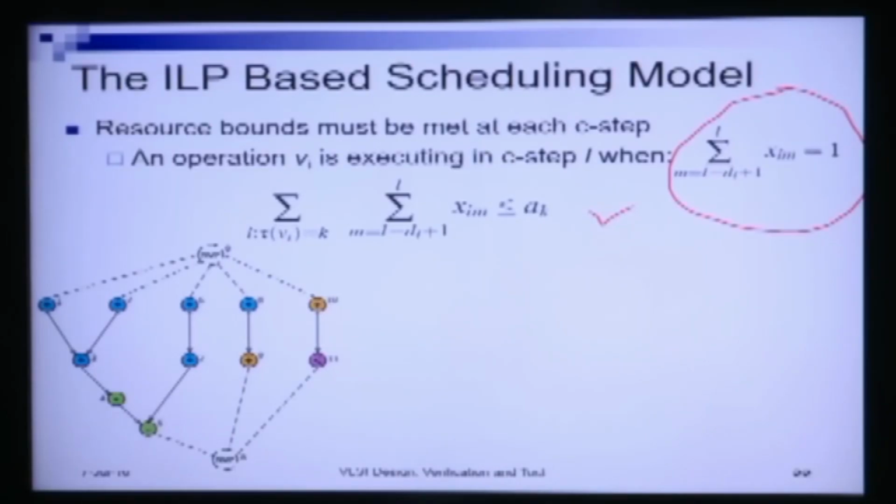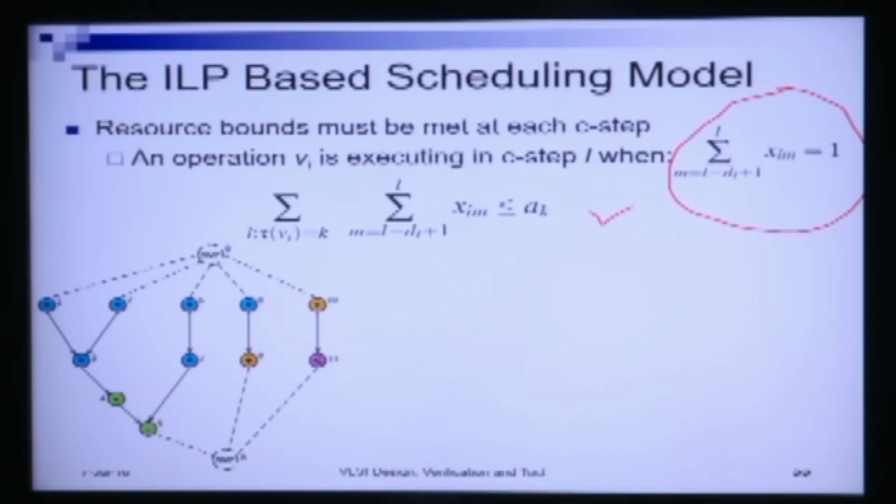If it has started at most this many time steps earlier, then it is also currently executing. So, given this we obtain the constraint as given below here.